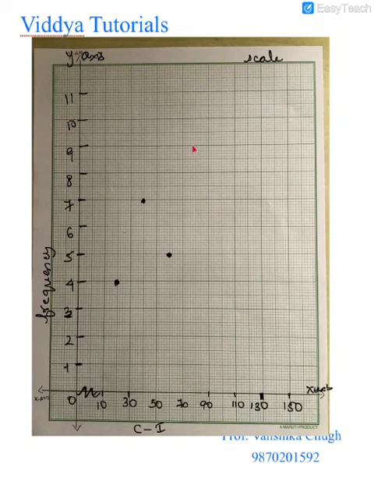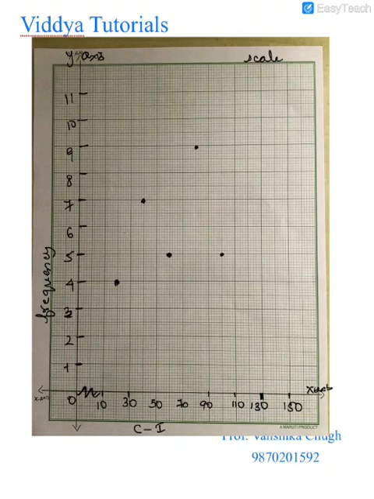So you will go till here. So here I plotted 80, the midway of these two, and then my frequency is 9. 90 to 110, my midway is 100. So it's over here, and my frequency is 5 again. So this is my point.